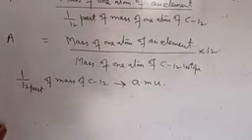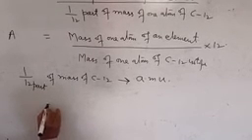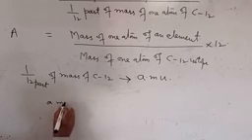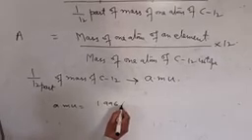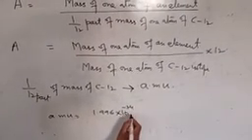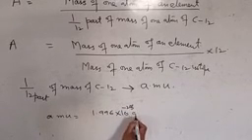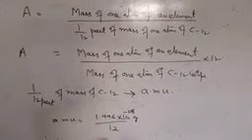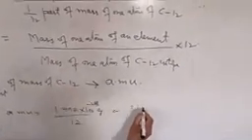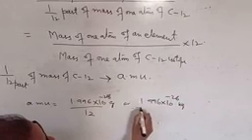So AMU is equal to 1.996 into 10 raised to the power minus 23 grams divided by 12, or 1.996 into 10 raised to the power minus 26 kilograms over 12.